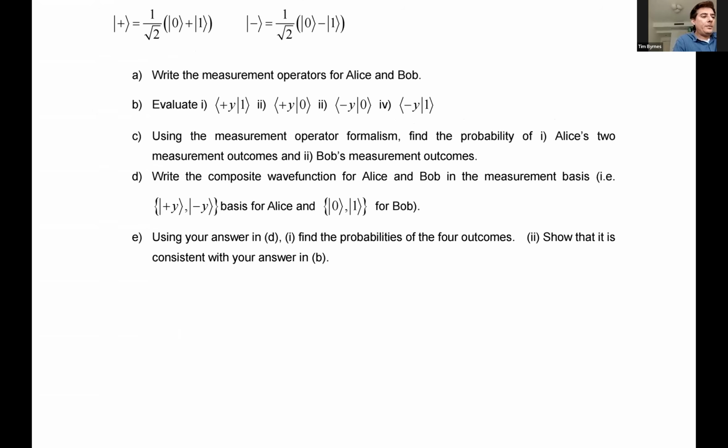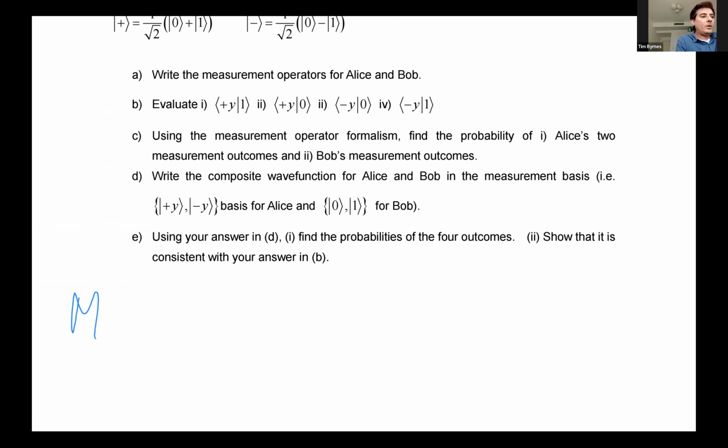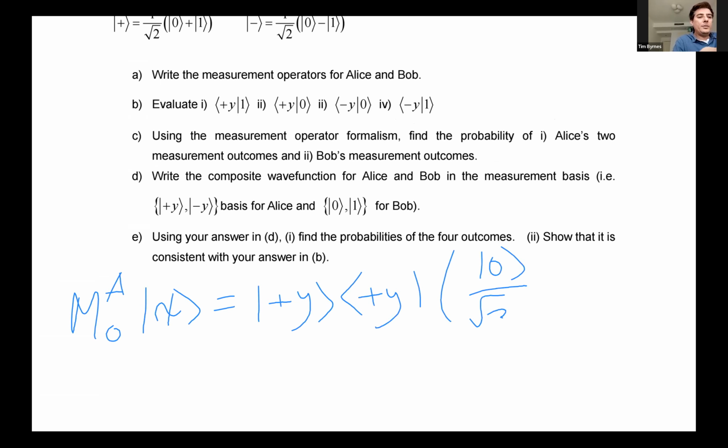For example, if you calculate M of the first one times the state, so this is plus Y, and then the state is 0 over root 3 plus root 2 over 3 plus, right?